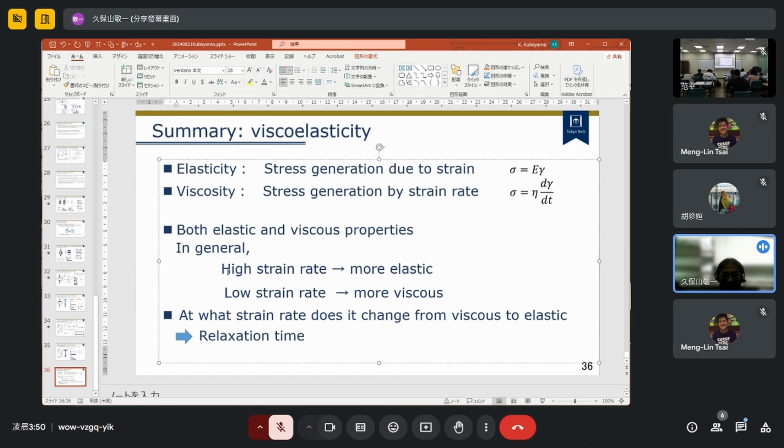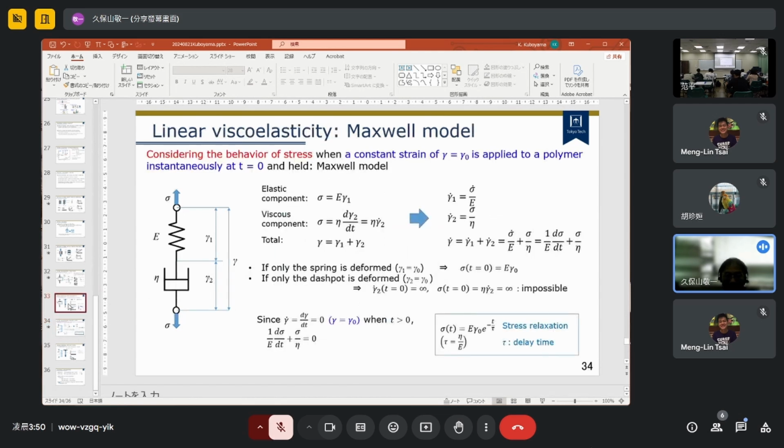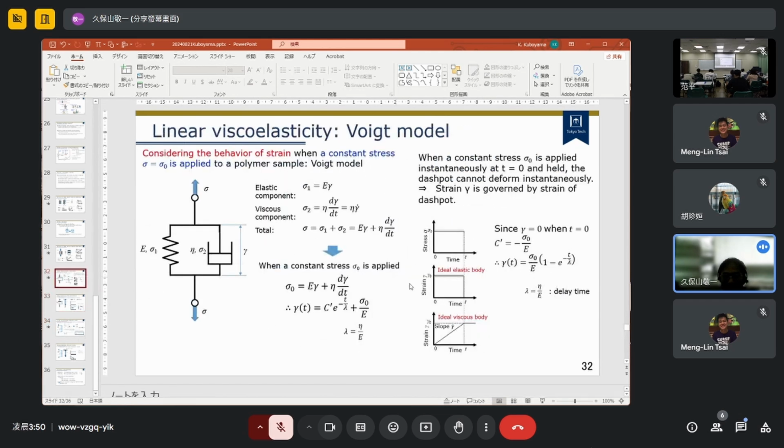And when you apply the strain at a high strain rate, the polymer behaves more elastically. But when you apply the stress or the strain at a slow speed, it behaves more viscously, because at a short time the dashpot doesn't work and only the spring part works.